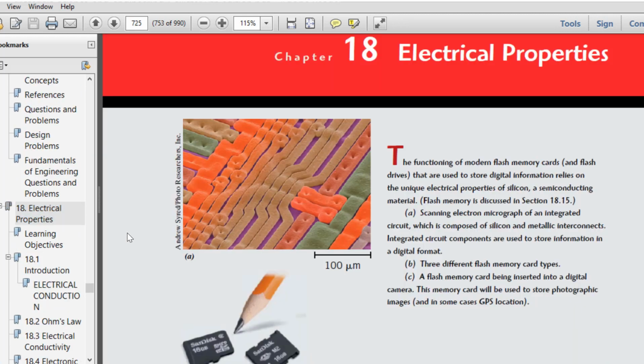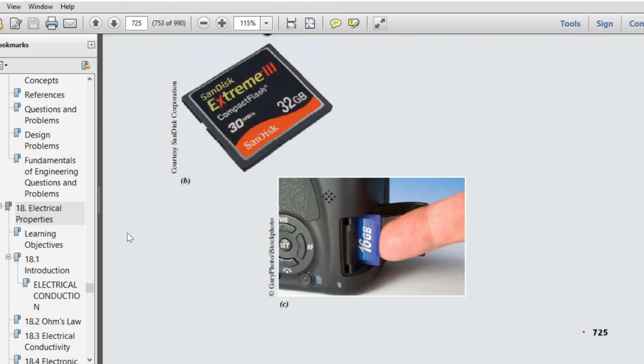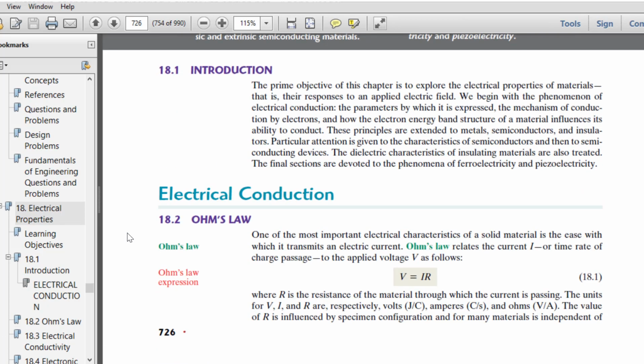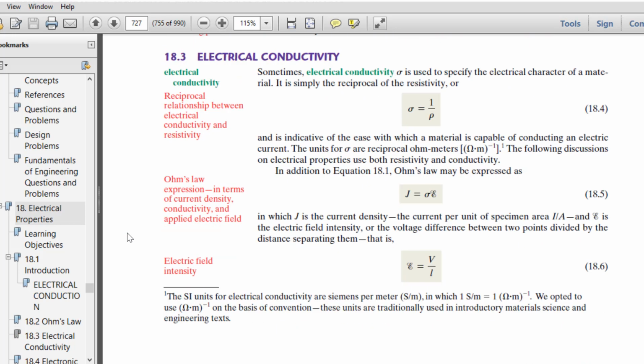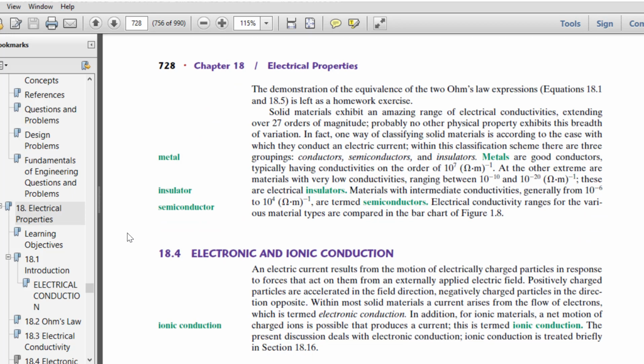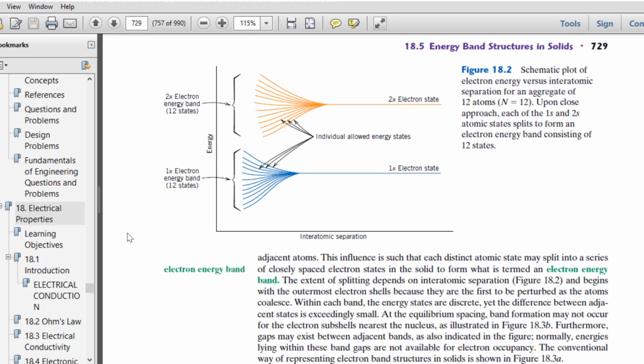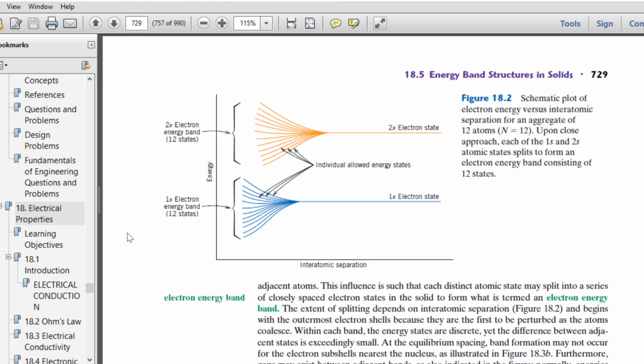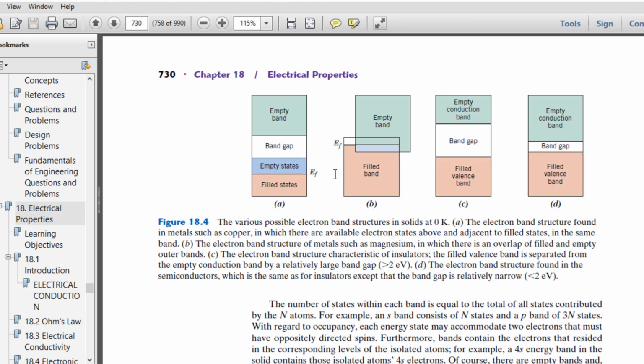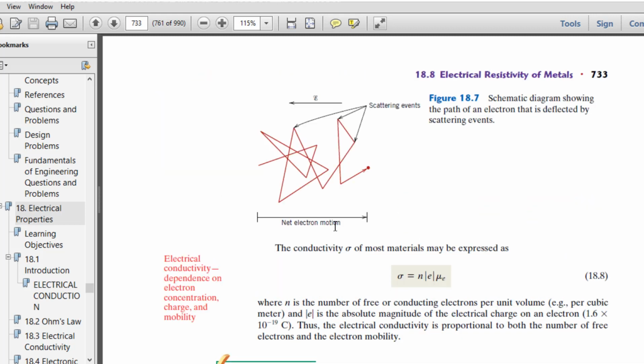Chapter 18, electrical properties. So in this electrical properties, you first read section 18.2 Ohm's law, these things. Then electrical conductivity, you should have some idea. Then it will tell you about these bands, energy bands. So you study from here the energy bands, it is important. Then conduction in semiconductor, these things, these formulas are very important, very important.